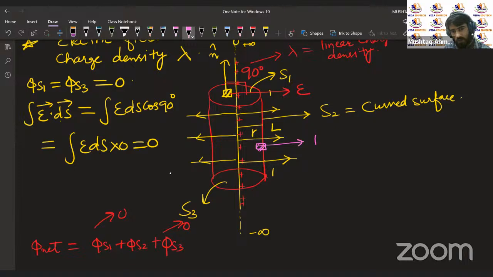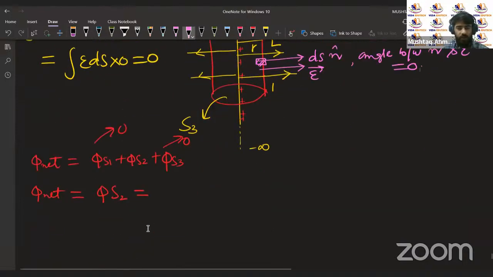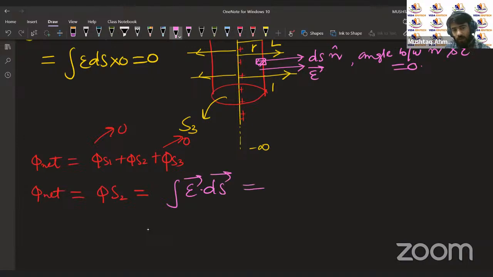And the direction of this ds vector will be along this, let's suppose ds n cap is the direction, right? And the electric field vector is also directed along the same direction, or we can say that the angle between the n vector and E vector here is equal to 0, right? So the angle between the surface area vector and the electric field vector here is 0. So we can say that phi S2 will be the integral of E vector dot ds vector, that is integral of E ds cos 0, right?